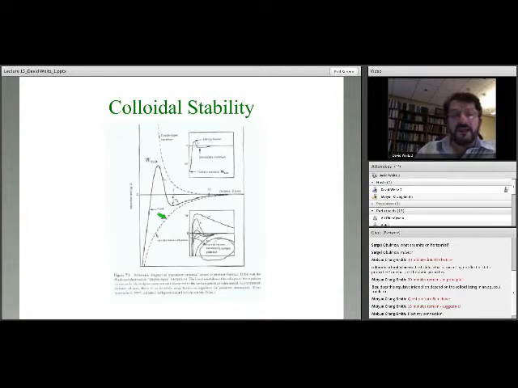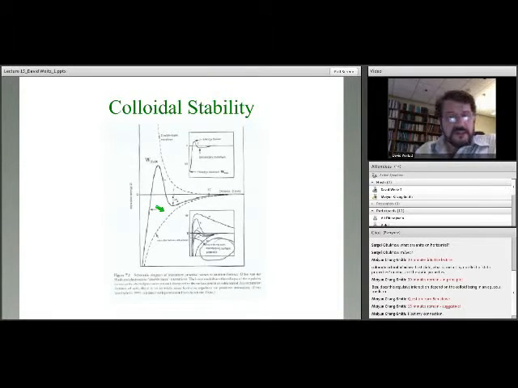And we can understand what happens when you change the nature of the interaction from this strongly repulsive interaction to this attractive interaction. Then you end up where the particles begin to stick together.